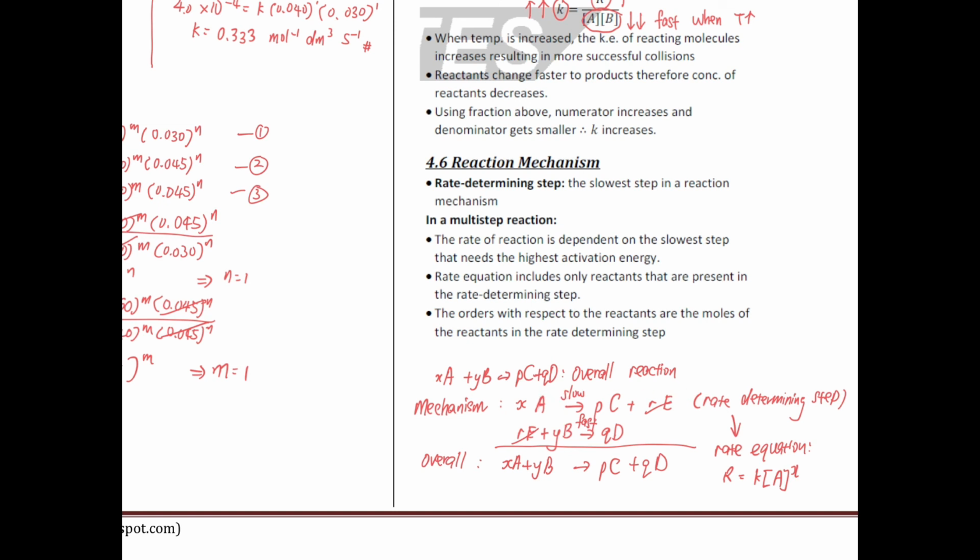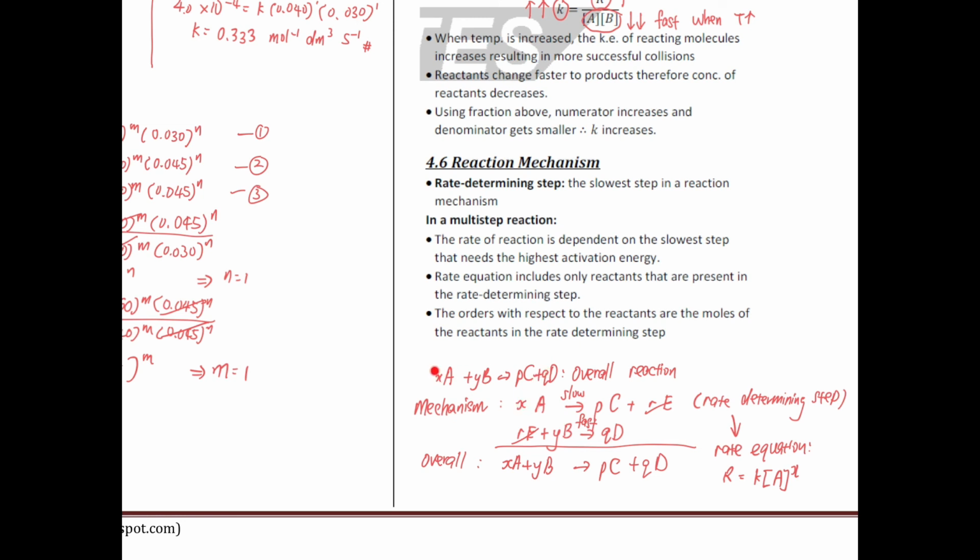Now, next point: the rate equation includes only reactants that are present in the rate determining step. This is what I mentioned. The reactant here, together with the mole in front, will form the rate equation. So rate equals k, concentration of A to the power of X. The power X refers to the rate determining step, not the overall.